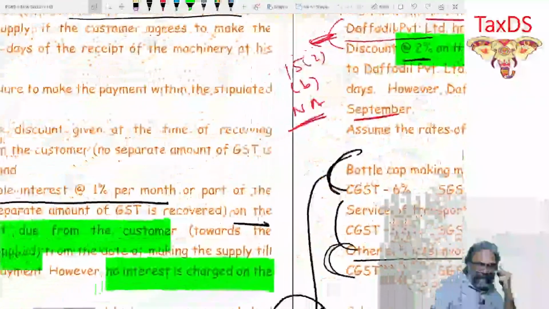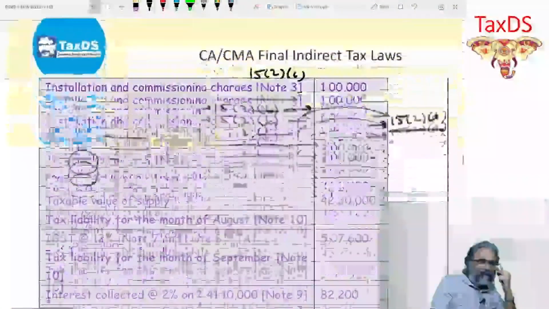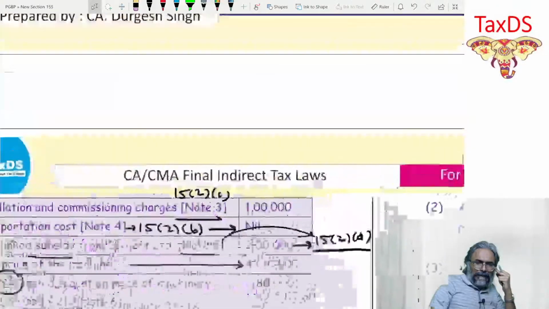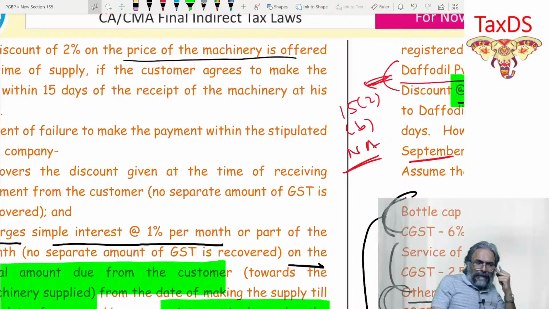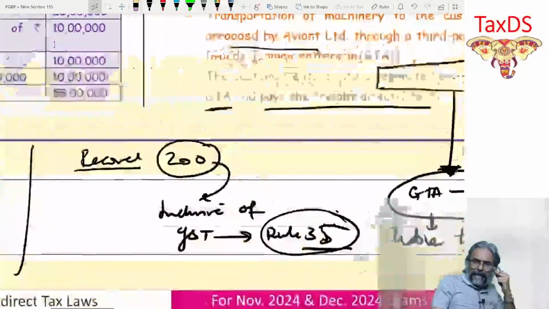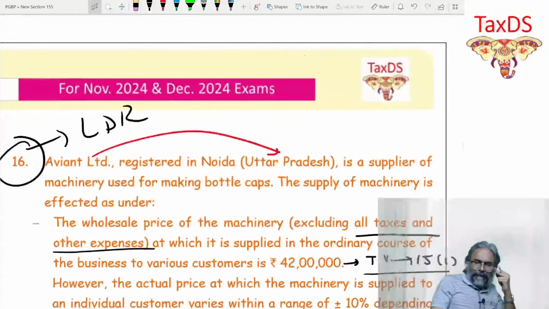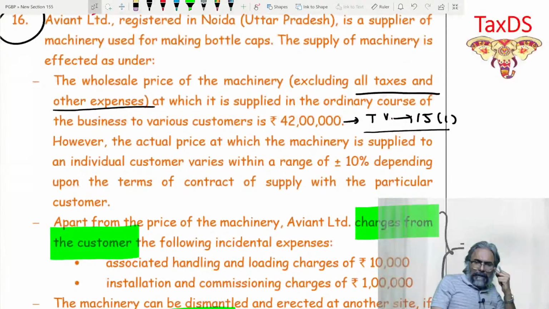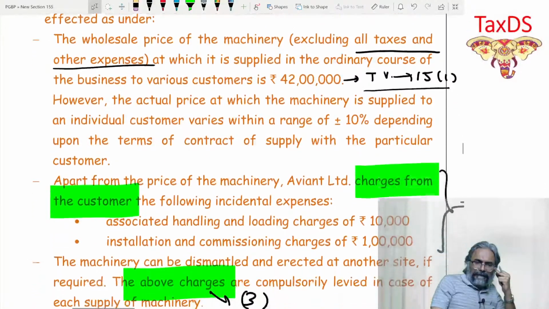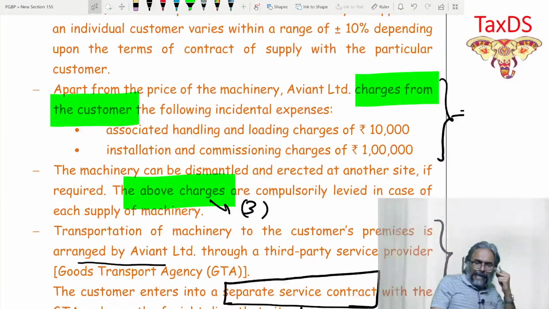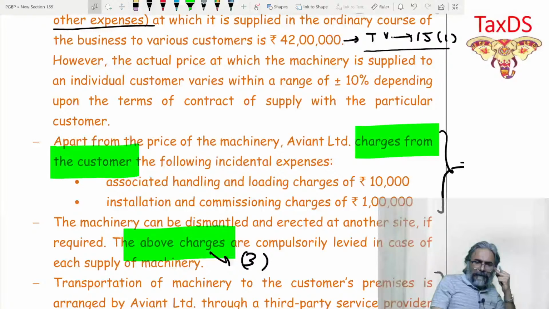Not 40 lakhs, 42 lakhs. 2% on what? 40 lakhs. Wholesale price is 42 lakhs.